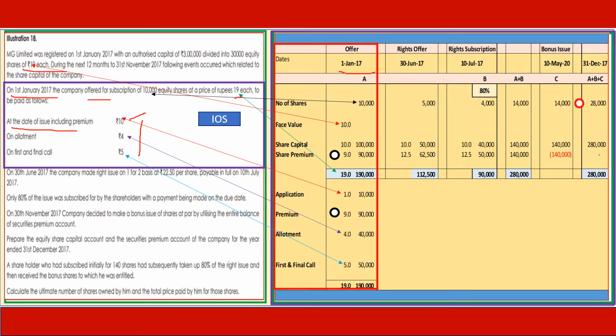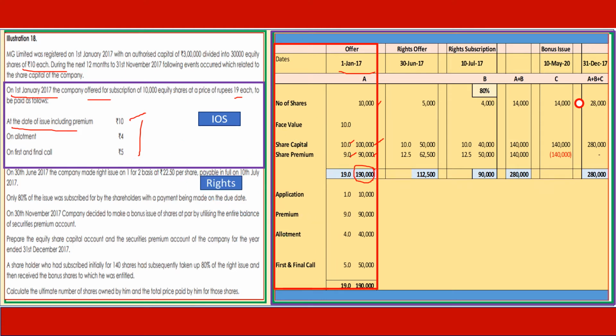These are the basic terms, and the value of the shares will be 10,000 shares multiplied by 10. 1 lakh will go to share capital. 90,000 at the rate of 9 per share will go into share premium. The total proceeds of the issue of 10,000 shares is going to be 1,90,000. With this background, we proceed further.